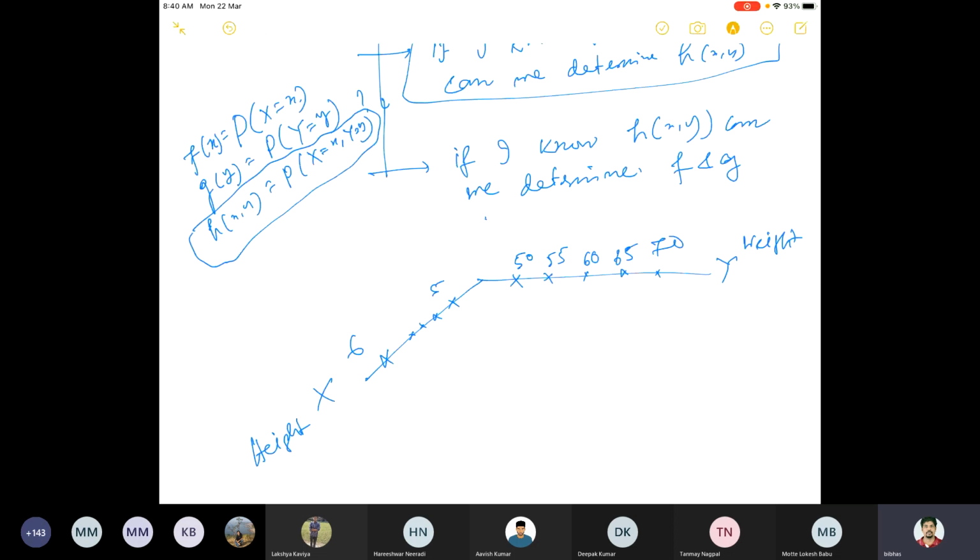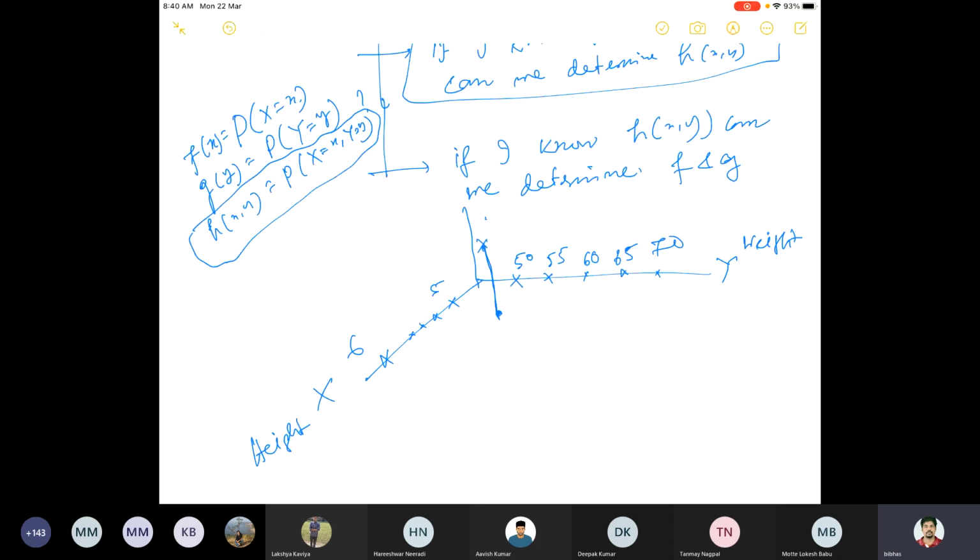Now what I'm saying here is, suppose I know this value, and let's say this measures the probability. So this is the z-axis, which measures the probability, for the case of discrete samples. What is the probability that the height is 5 and the weight is 50? I know this value.